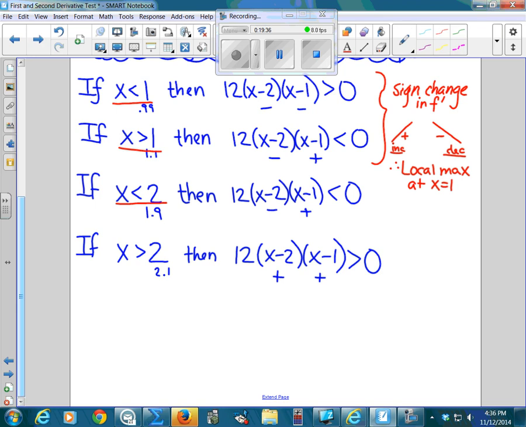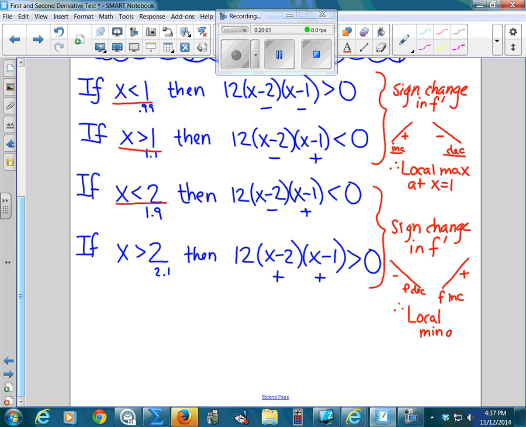And we can make a similar conclusion and say there is a sign change in f prime going from this time negative, or f is decreasing, to positive, f increasing. Therefore, we have a local min at x equals 2.